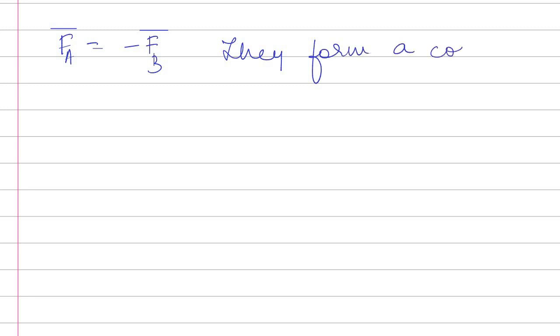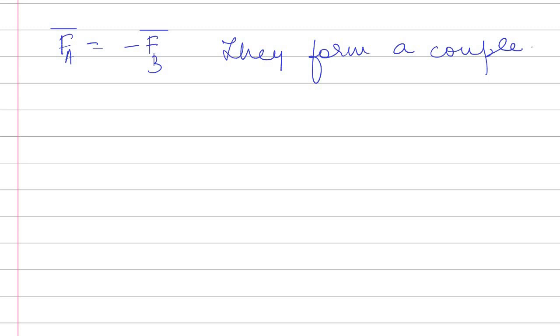Now FA bar is equal to minus FB bar, that is obvious. They are two equal and opposite forces, and they are separated by a distance. They form a couple, and any couple will develop a torque.